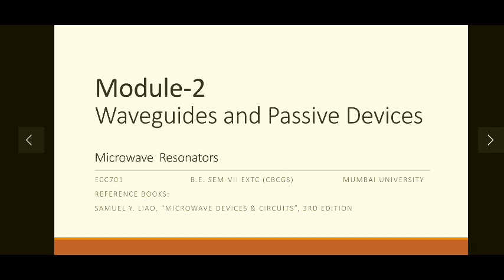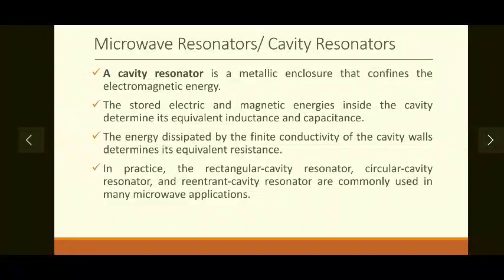So first of all, what is a microwave resonator, also called a microwave cavity resonator? A cavity resonator is a metallic enclosure that confines the electromagnetic energy. That means a closed body to which a signal of a particular frequency is applied, and the electromagnetic energy generated by that signal will be enclosed within that body.